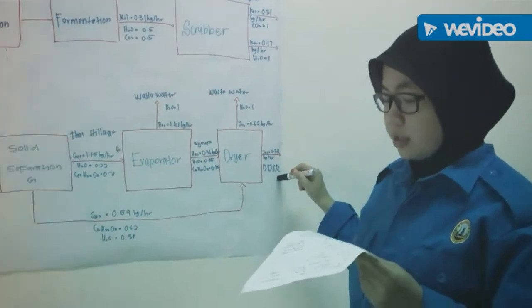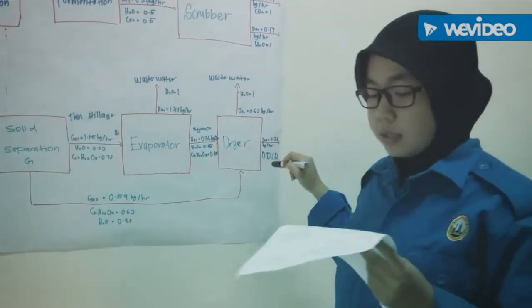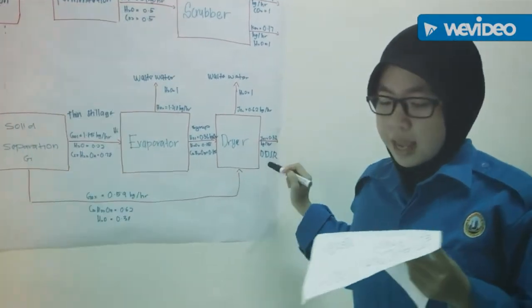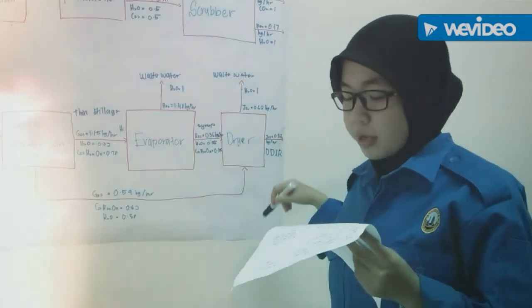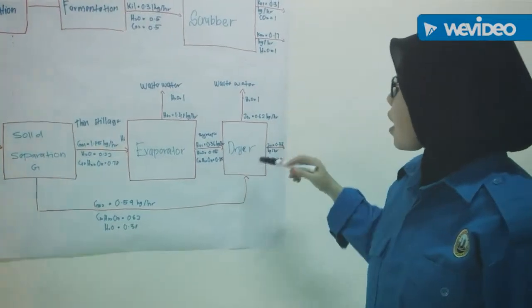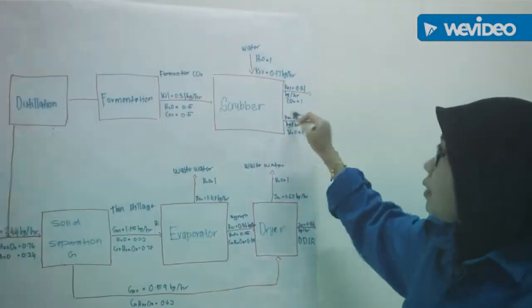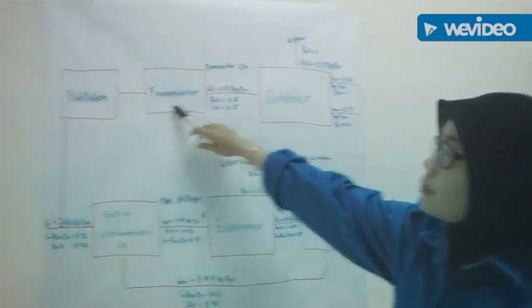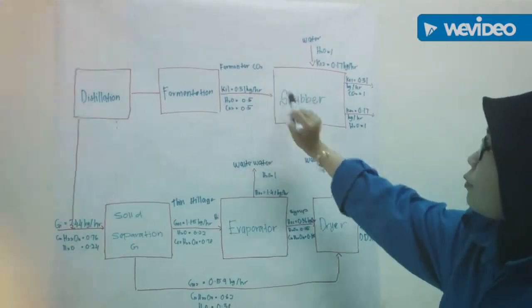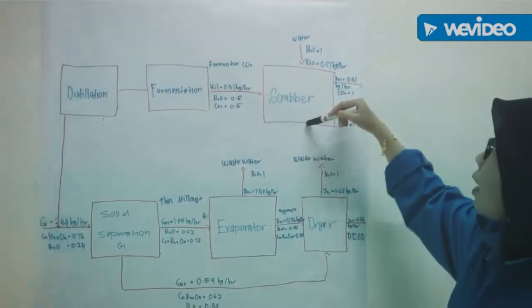Then DDGS is the dried distilled grains with solubles, which is wet distilled grains that have been dried with the concentrated thin stillage.